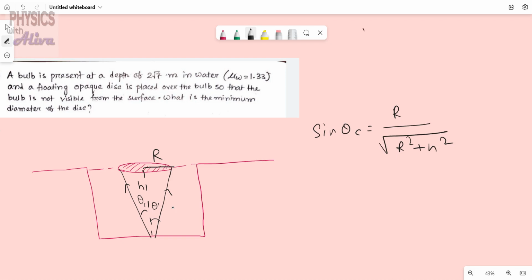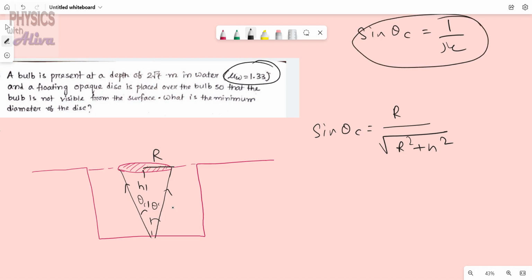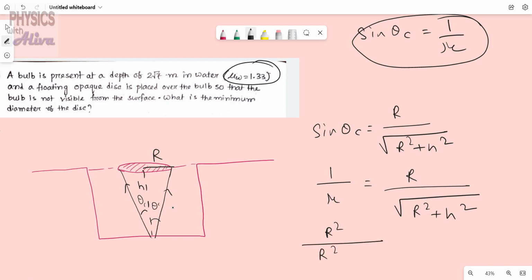We all know the formula that sine theta c is equal to 1 by mu, and the value of mu is given here. So 1 by mu is equal to R divided by root over R square plus H square. From here, by calculating, we get R square divided by R square plus H square is equal to 1 by mu square.